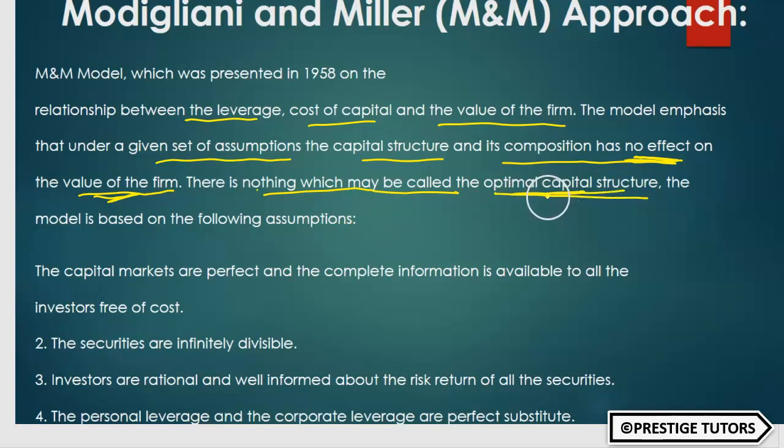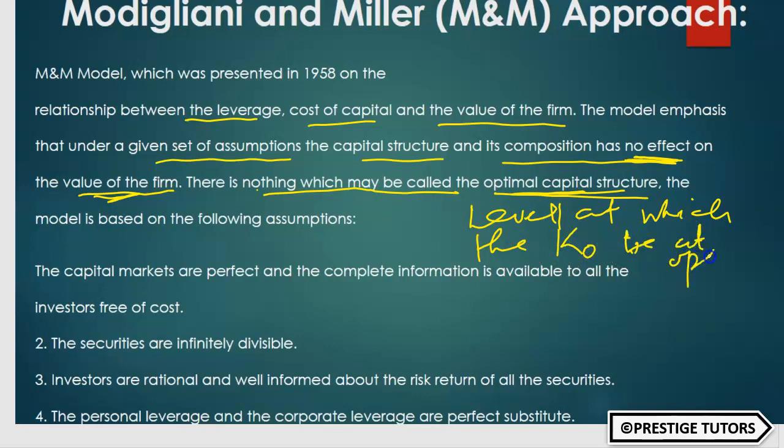Optimal capital structure is basically talking about the level at which the cost of capital will be at optimal level, that is the highest point. And after this highest point or optimal point, the value of the firm becomes negative.